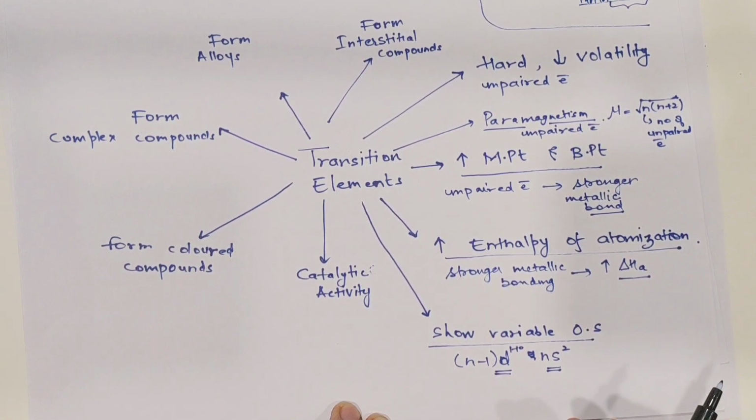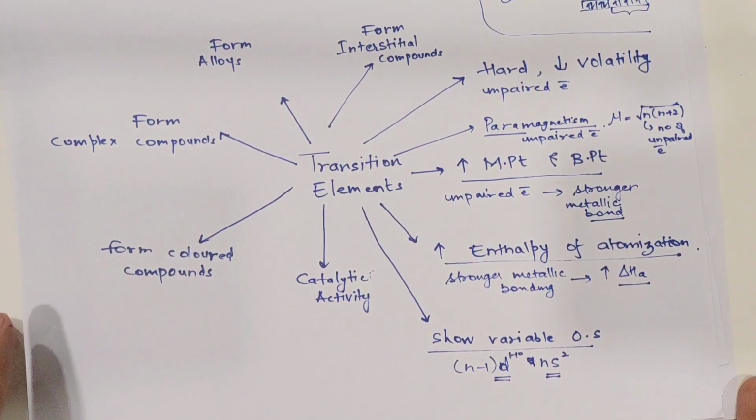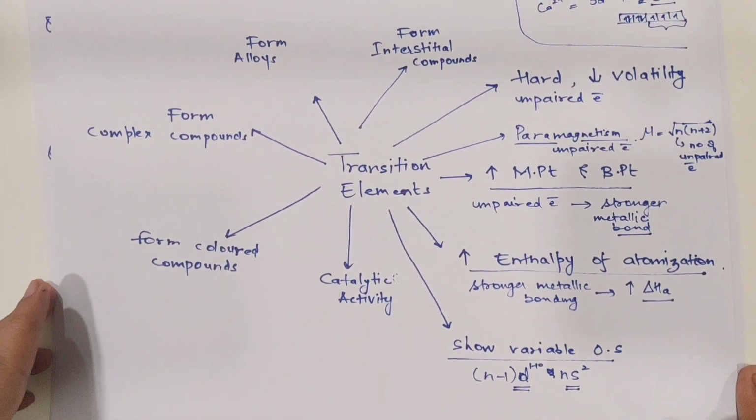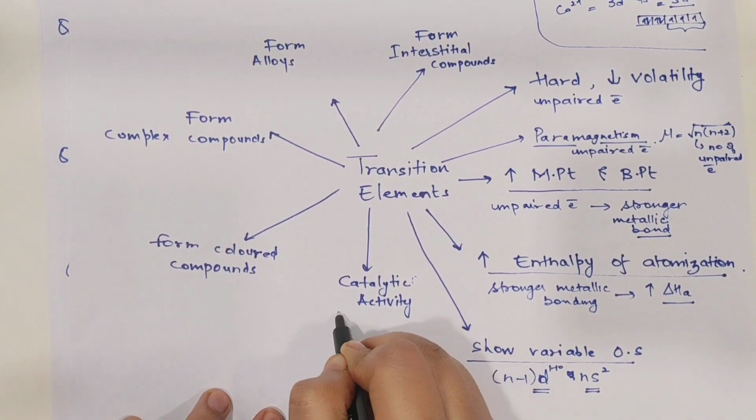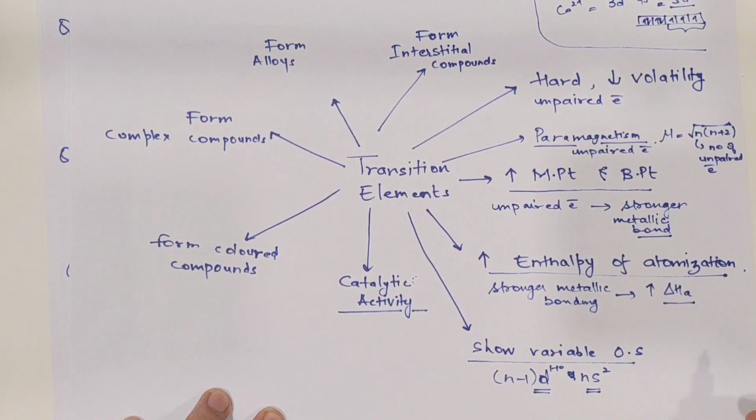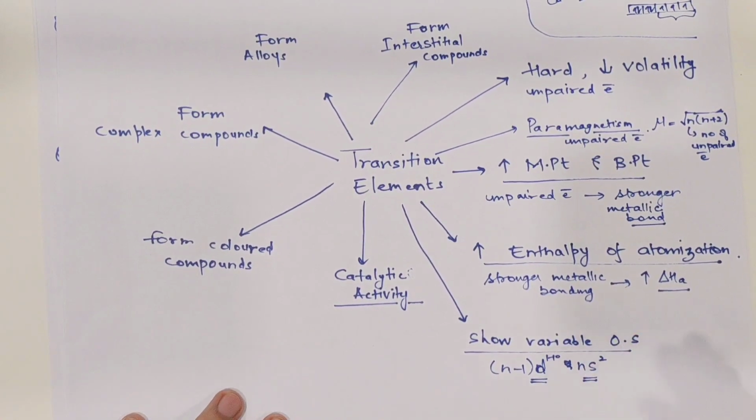Now, talking about the catalytic activity, many catalysts are transition elements. You have vanadium, you have nickel, you have platinum. They all show catalytic activities. Why do they show catalytic activities? Now, what is a catalyst? A catalyst can catalyze or speed up a reaction in many ways.